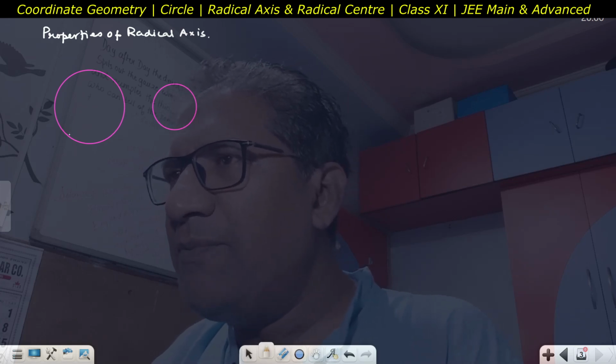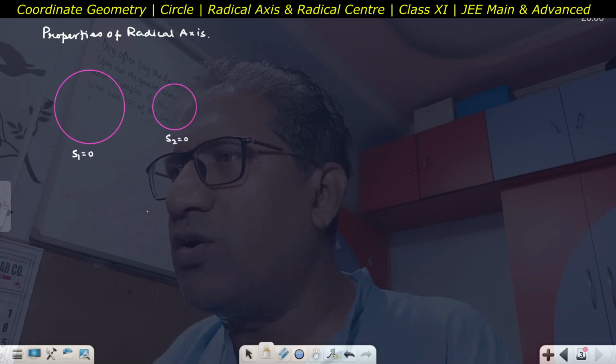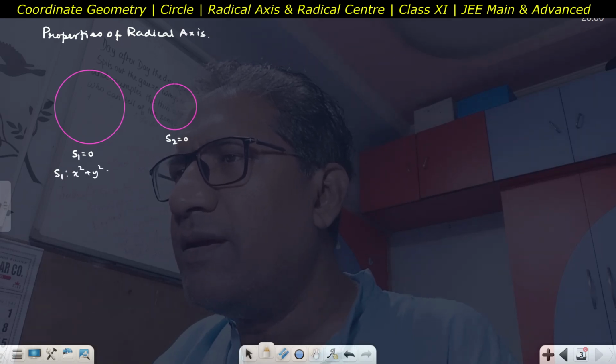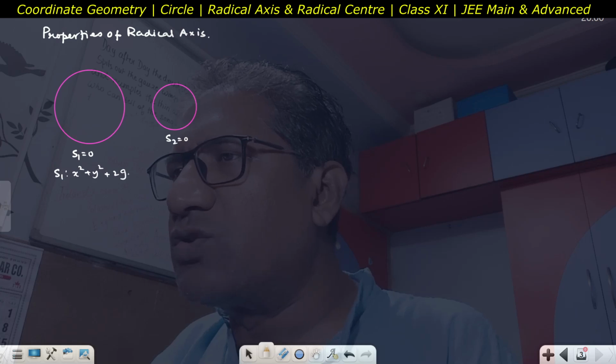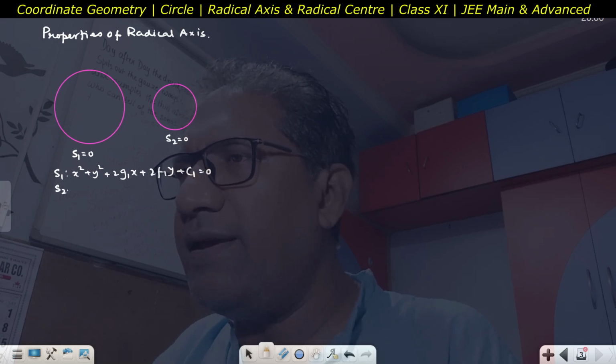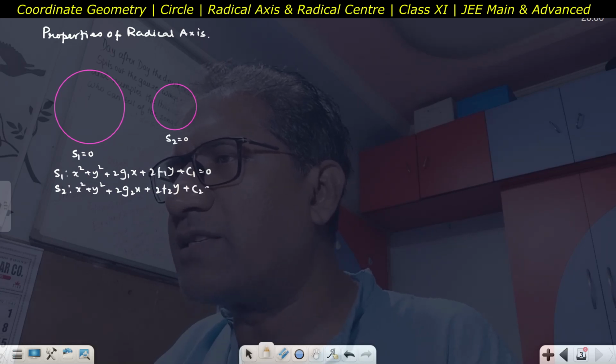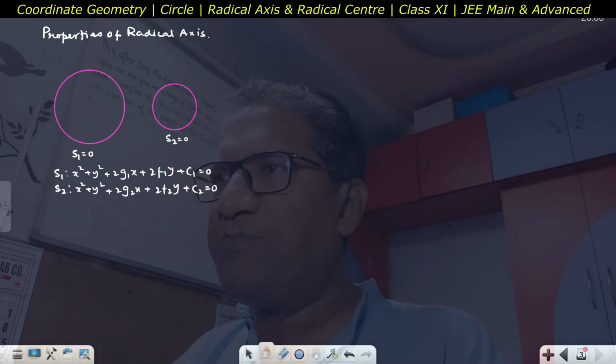And let us say the equation for this circle be S1 equals 0 and this is S2 equals 0, where S1 is x square plus y square plus 2g1x plus 2f1y plus c1 equals 0, and S2 is x square plus y square plus 2g2x plus 2f2y plus c2 equals 0. Okay?